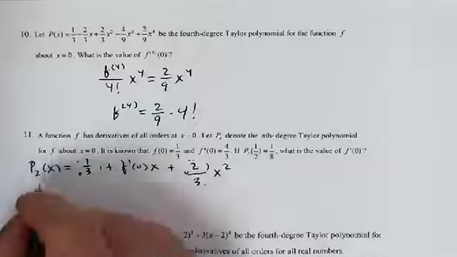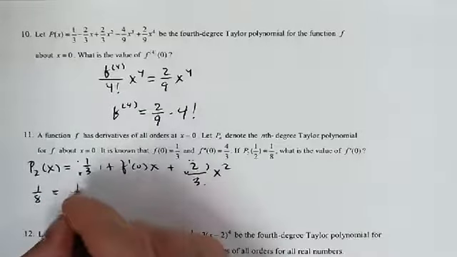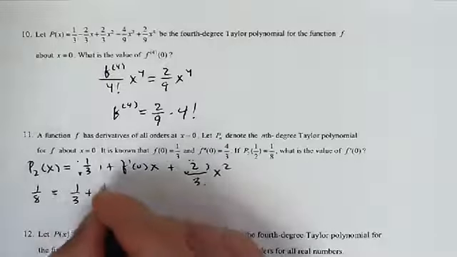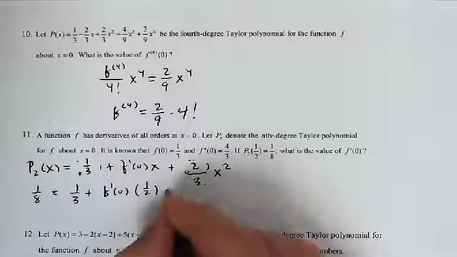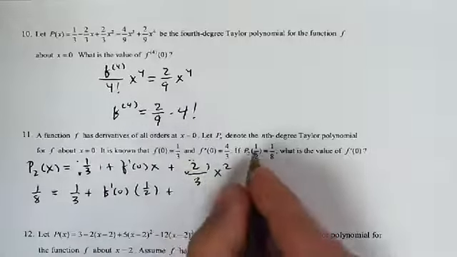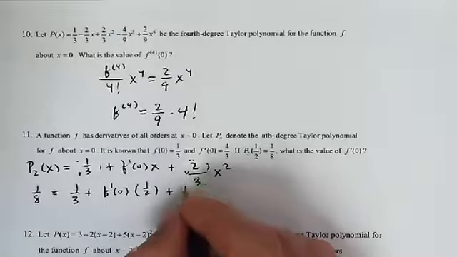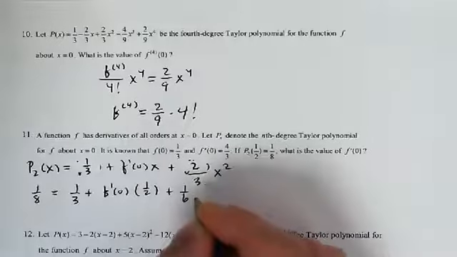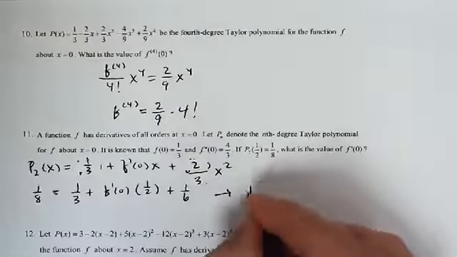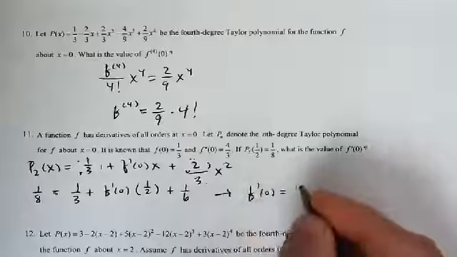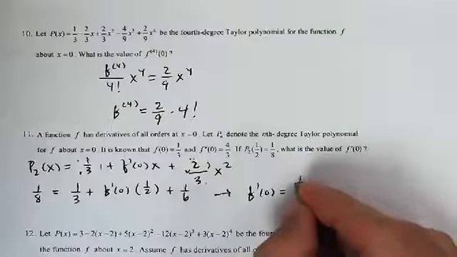And they say I get 1/8 when I plug in 1/2 for x. 1/8 is equal to 1/3 plus this thing I'm looking for multiplied by 1/2 plus 2/3 of 1/2 squared, which is going to be 2/3 times 1/4, which is 2/12. So in the interest of time, I'm going to say f prime of 0 is equal to 1/8 minus 1/6 minus 1/3.